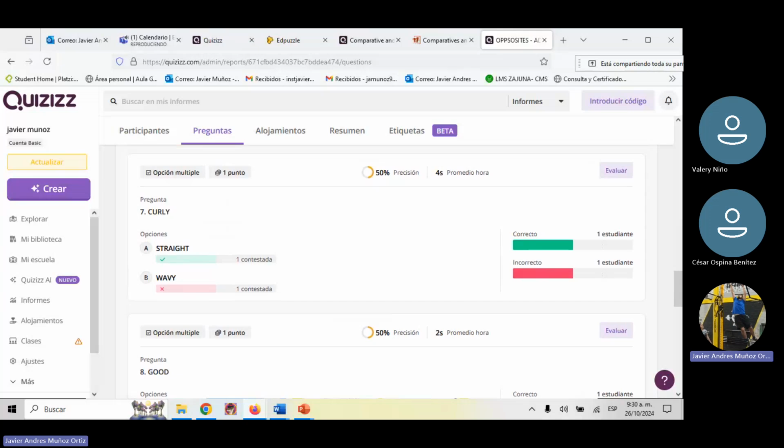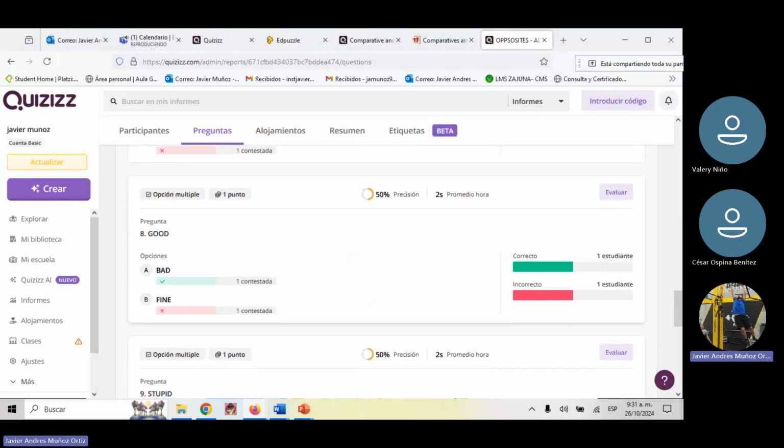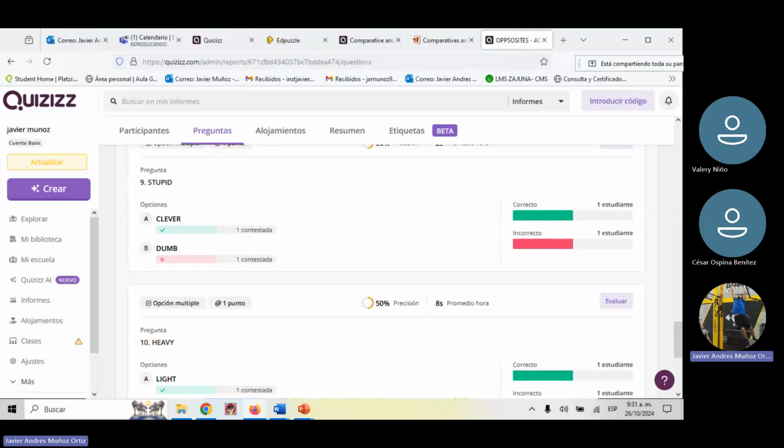Curly, this is especially for hair. Crespo, straight, liso. Wavy, ondulado. These are three different ways of seeing the hair. Not the only ones, because there are more, but the most important are these. The opposite of good, bad. The opposite of stupid, clever. Synonym of stupid, dumb.